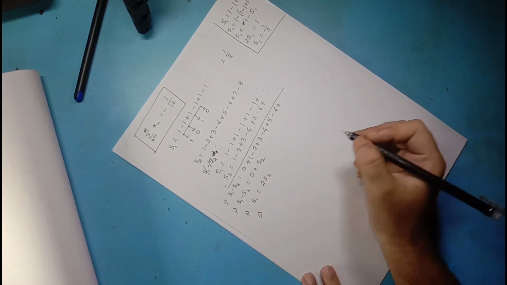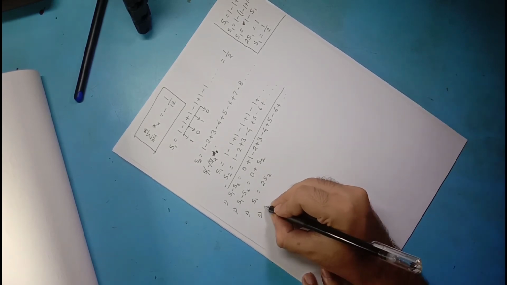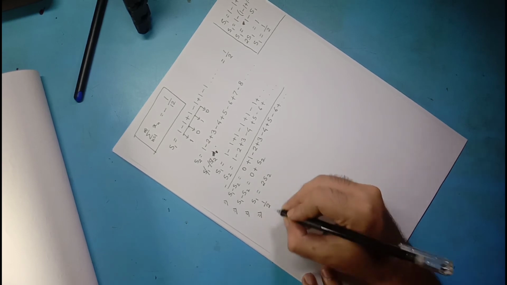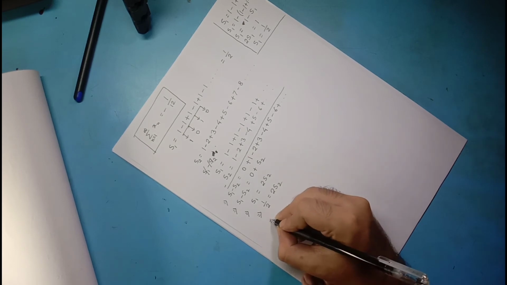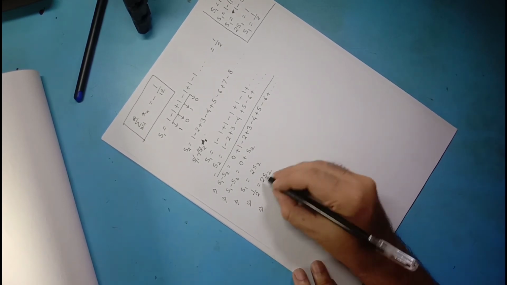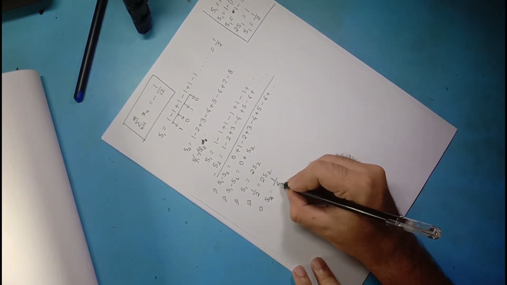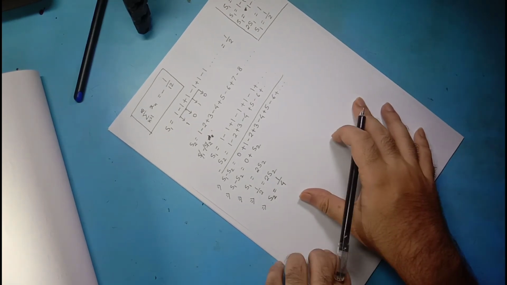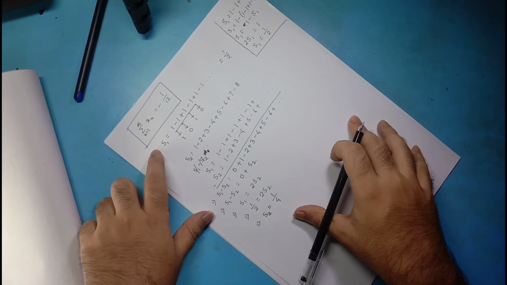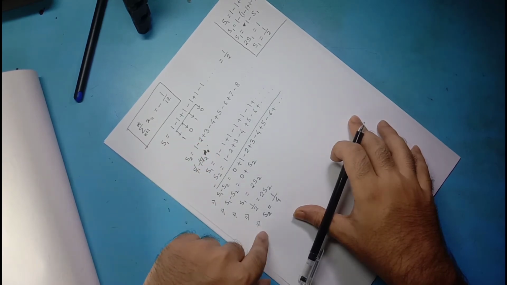We know S1 equals 1/2, so 1/2 equals 2S2. We will get the simple result, S2 equals 1/4, and that's the result. So from here we have S1 equals 1/2 and S2 equals 1/4.